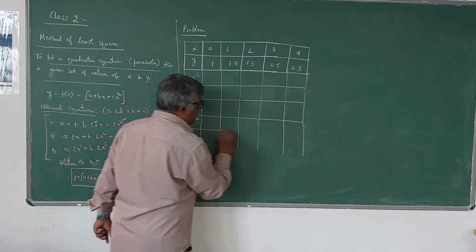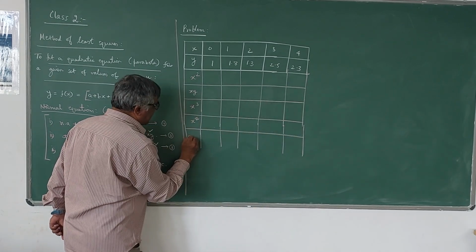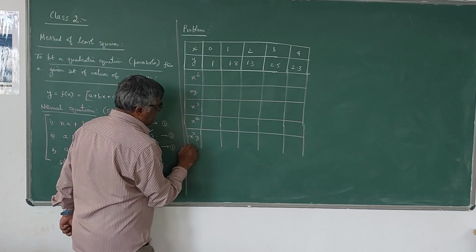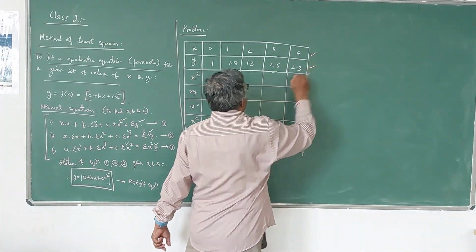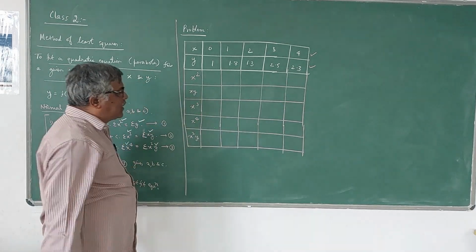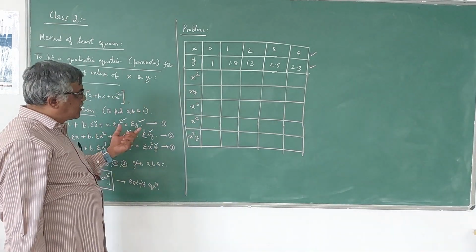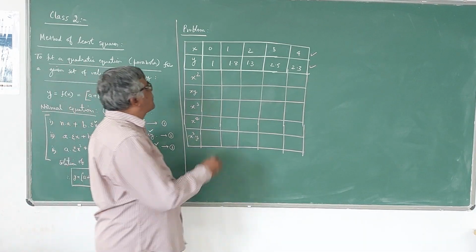These are the 5 additional rows. The x and y are given in the problem, so we have to get all of this. Try to get all these values and then take their sum.